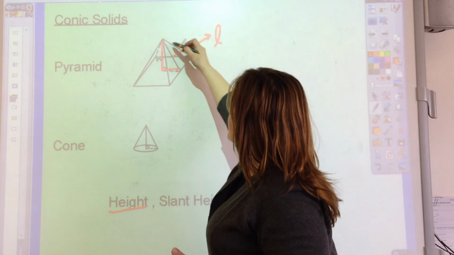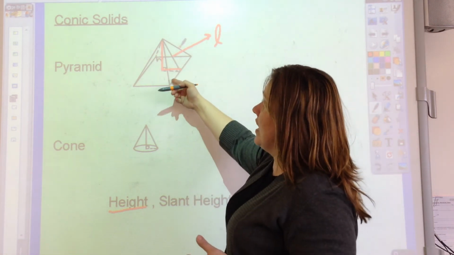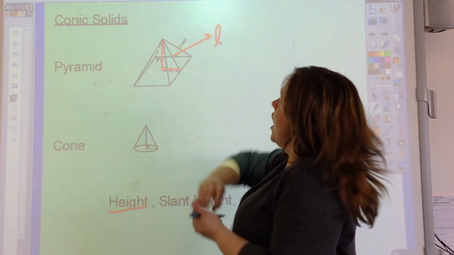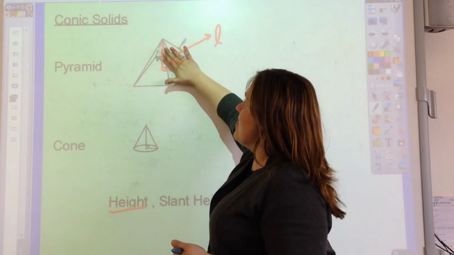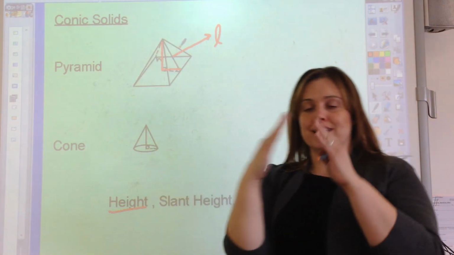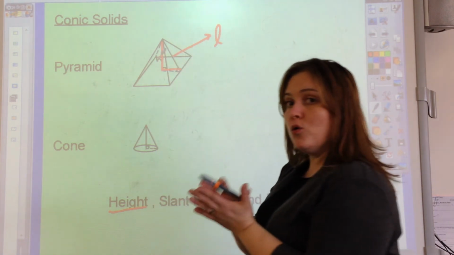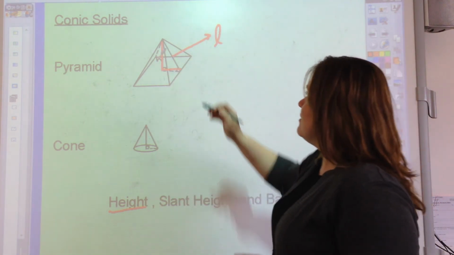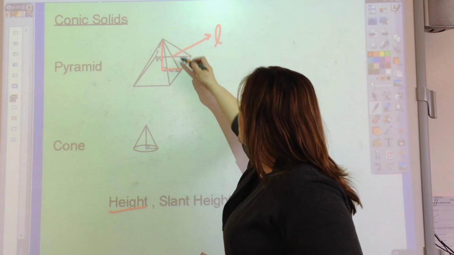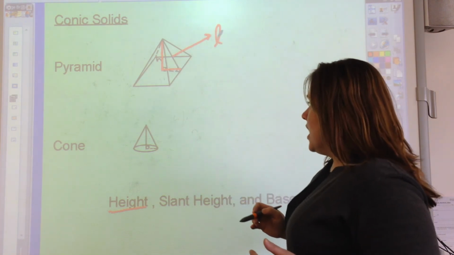Your lateral faces each will have area, so if I wanted to find the area of this pyramid, I'm going to find the area of its base, and then the area of the 4 triangles that connect to the top. We're going to call h the height of the whole solid, and this height right here of the triangle is our lateral height.